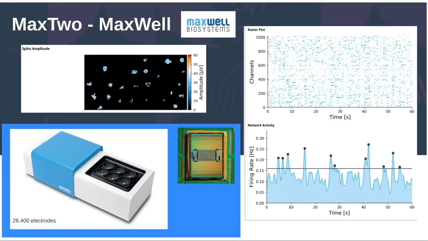So a lot of years later, I would say 3 years later, when I moved to Switzerland, I became aware of this company, MaxWell, which you all know, because our collaborators were using MaxOne. We thought we could use this for our model and that it would help us reduce the variation between the wells. Now we can attach the brain spheres to the electrodes, and by using the activity scan, we can go through all the electrodes and select only the ones that are active.